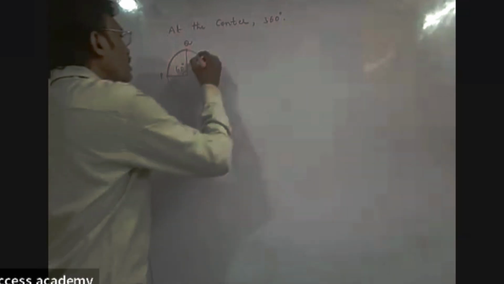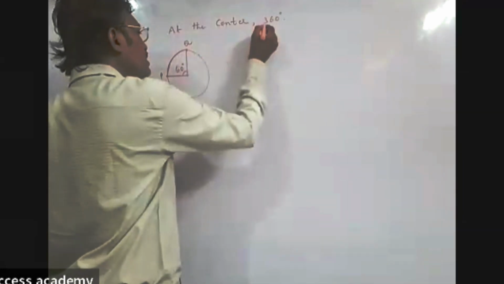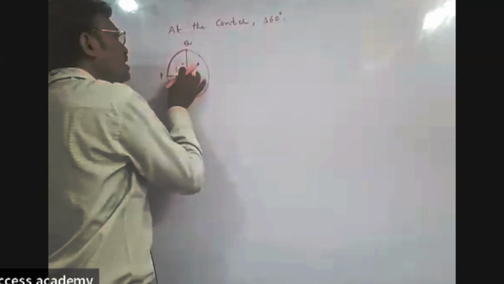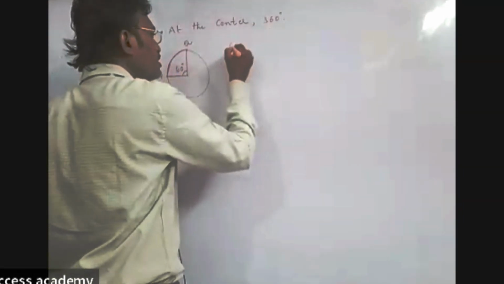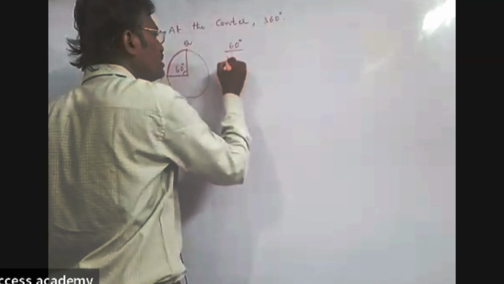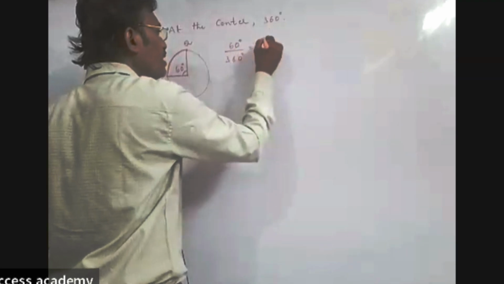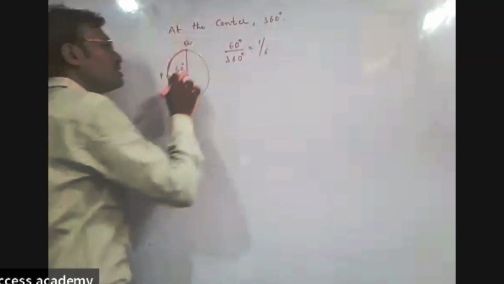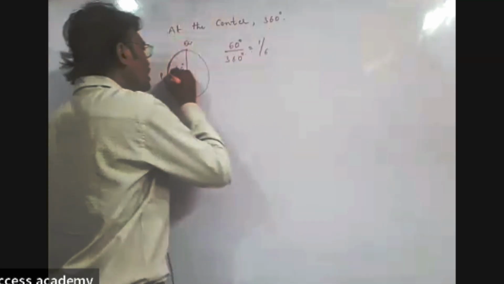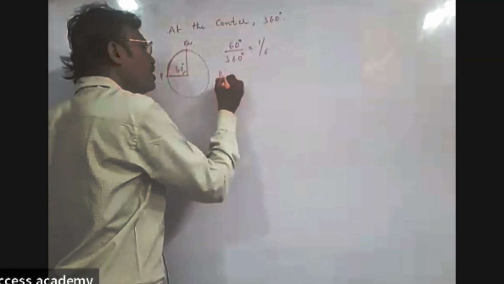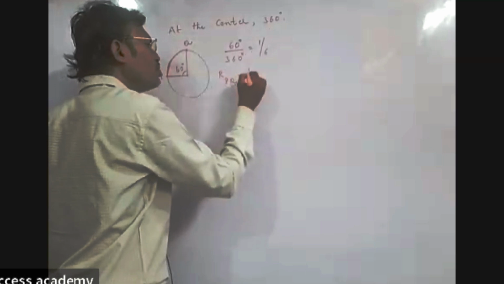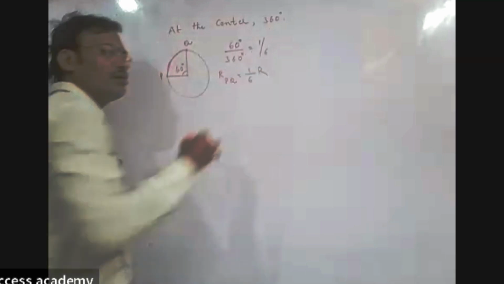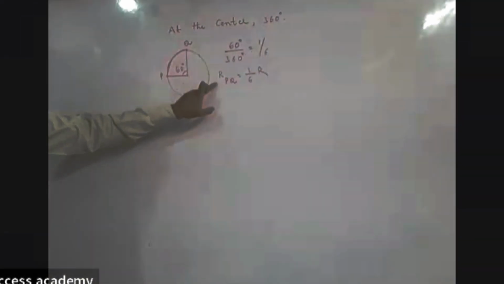For that purpose, the total angle is 360 degrees. Then 60 degrees consists of how much part? That is 60 degrees by 360 degrees, which is equal to 1/6. 1/6 part of the circle. Total resistance is R. In that, this arc PQ, R_PQ, is equal to R/6.